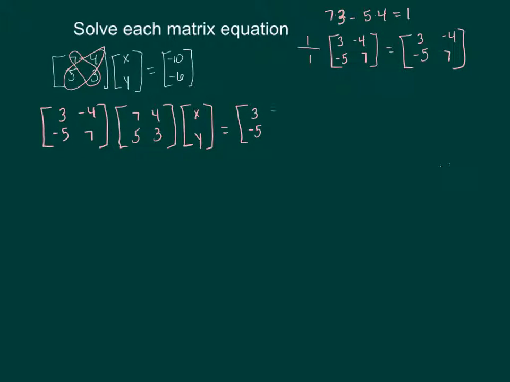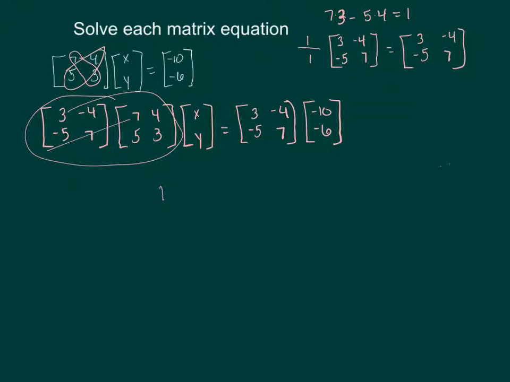We always do it that way. Multiplication of matrices is not commutative, so the order is important. If you try to do it the other way, it's not going to work out for you. Okay, so we know over here that these are going to cancel because they're inverses, so that's going to become 1. So we just have x, y.